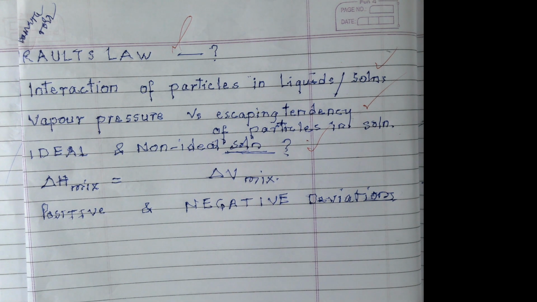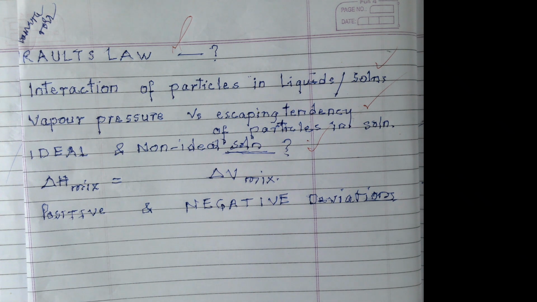So we know that in a solution there are three types of interactions between the particles: AA interaction, BB interaction, and AB interaction. Now these interactions may be similar or may be different to a certain extent, maybe even widely different.